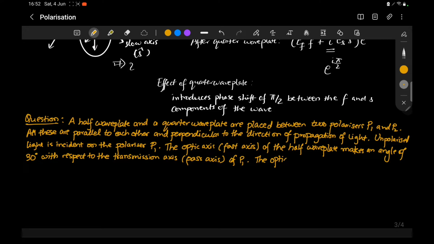The optic axis or fast axis of the quarter wave plate is parallel to the pass axis or transmission axis of P1.